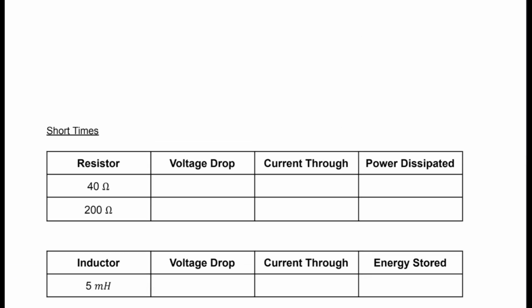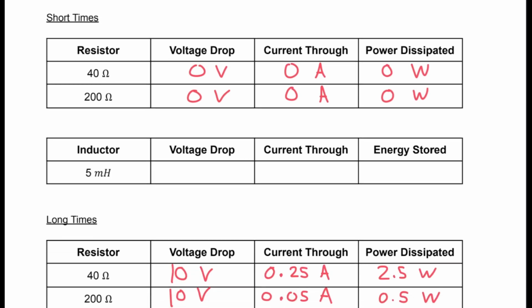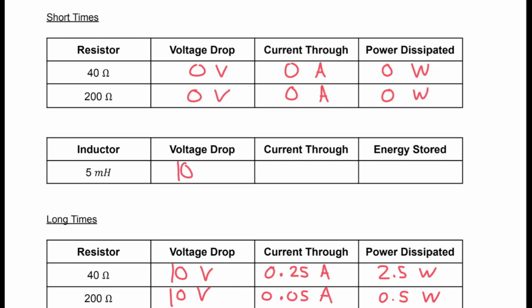All right, now for the short times. Well, we had no current through the circuit, so we didn't drop any voltage across either resistor. And as such, we also were not dissipating any power or energy. The inductor, however, opposed the current change, so it had an EMF of 10 volts across it, but it did not store energy.